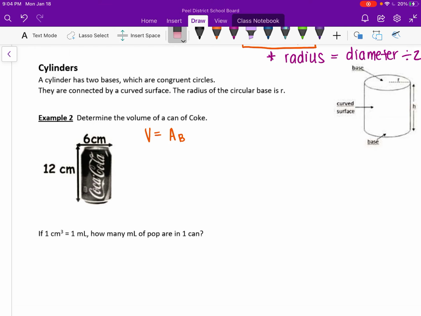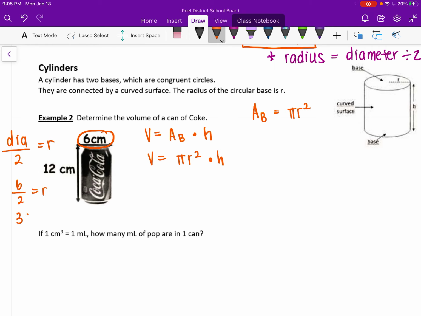Another way to write this: the area of the base is equal to the area of a circle, which is just pi r squared. So I know volume is equal to pi r squared times height. Here my diameter is 6, so if I wanted to find my r, I would say diameter divided by 2 equals radius, which is 6 divided by 2 equals radius. So 3 is my radius.